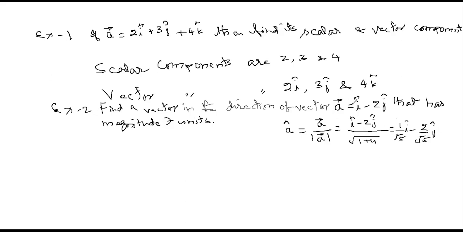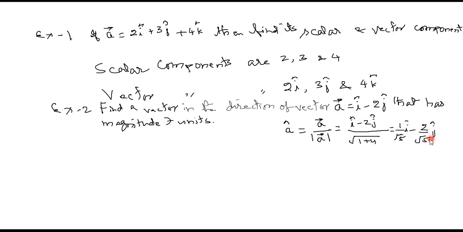This is the unit vector. Unit vector means it gives the direction, and it has magnitude 1. If you find the magnitude of this vector, it will come to 1 because it has been converted into a unit vector.